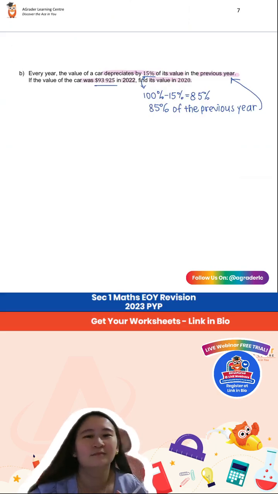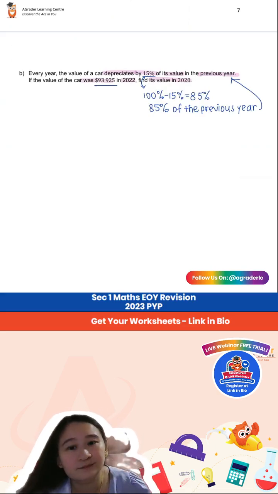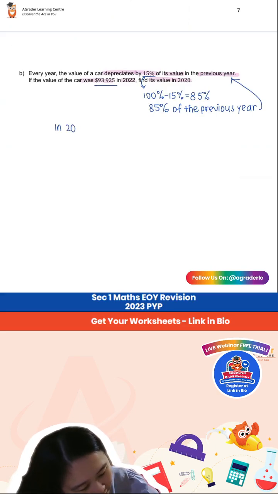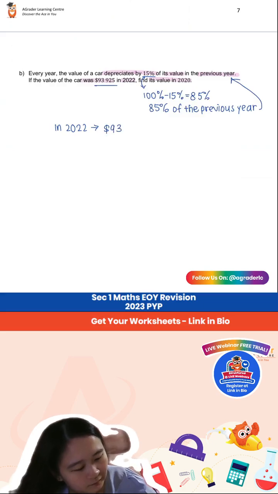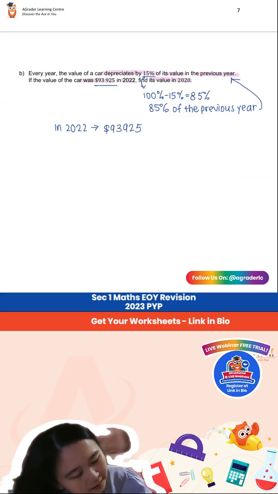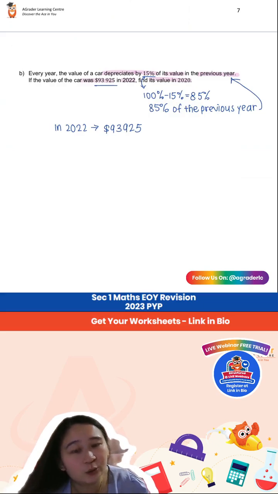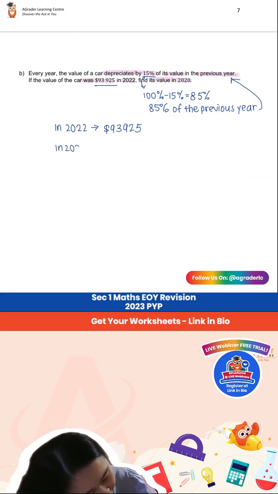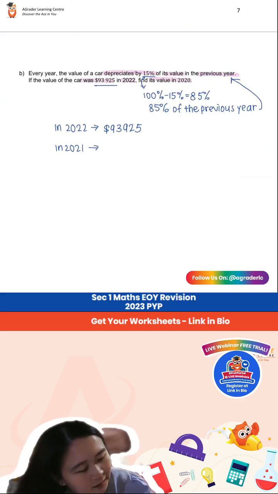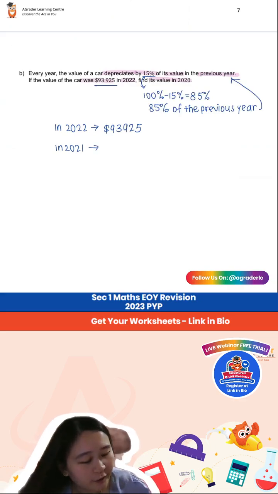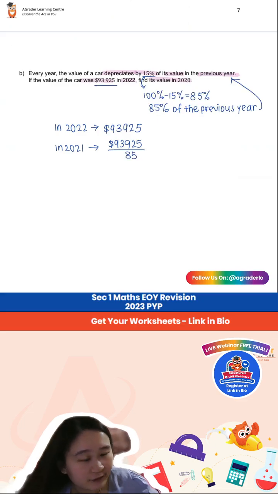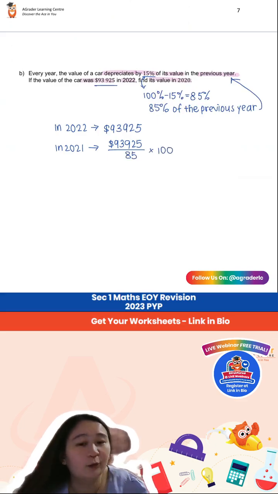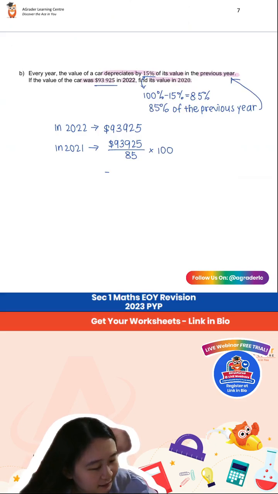So in 2022, the value is 93,925. Then you can find 2021. This is 85% of the previous year, so I take this amount and divide by 85 times 100, because I want to find the 100%.